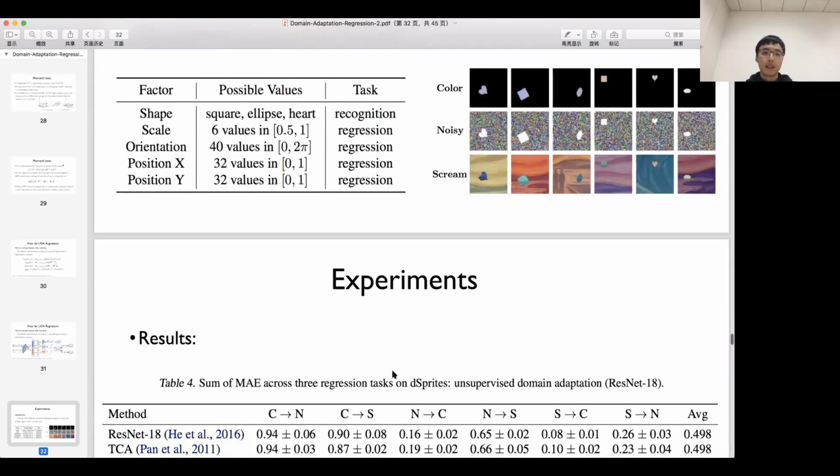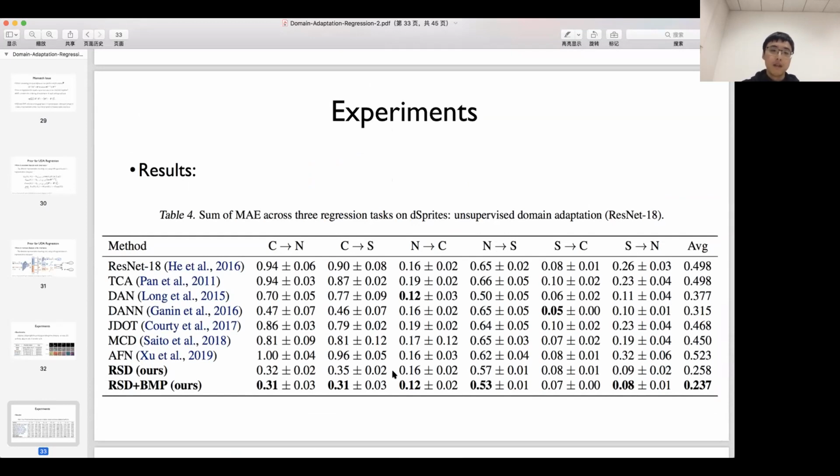Here's the result. We show the sum of the mean absolute error across the 3 regression tasks. We can find there are many baselines, for example, DANN and DANN-type methods we introduced before, and AFN, which is the larger norm.